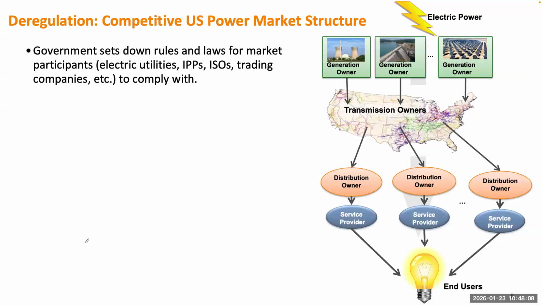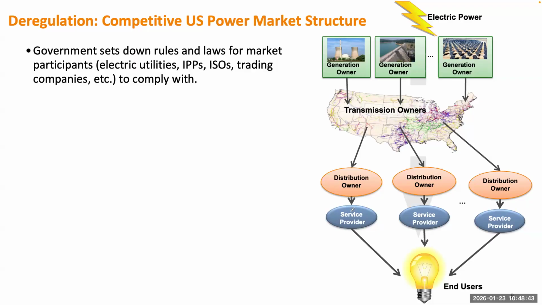Then the transmission owner may not own the distribution system, which means the owner only has the voltage down to 138 kV, but under 138 kV, that's somebody else's system. So they need to connect to a distribution system owner's network. And the distribution owner may sell electricity directly to end users if they want, but there could also be another level, a service provider. They can build programs, different plans for users to choose from.